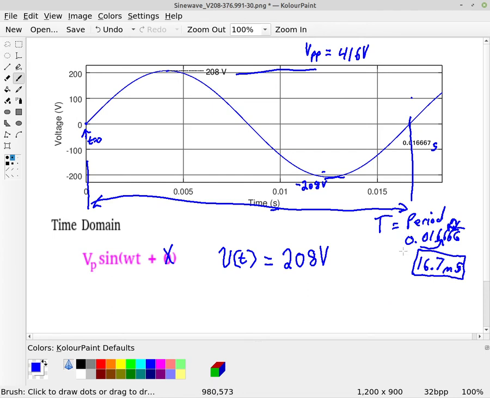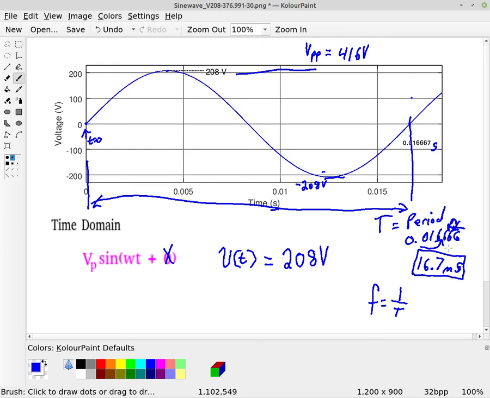Now the period states how long it takes for one complete cycle. The frequency tells us how many cycles occur in 1 second. So the frequency is 1 over the period. And so if we do 1 over the 16 milliseconds.